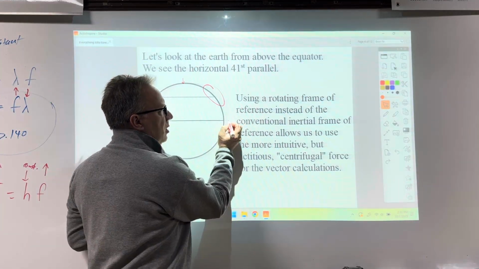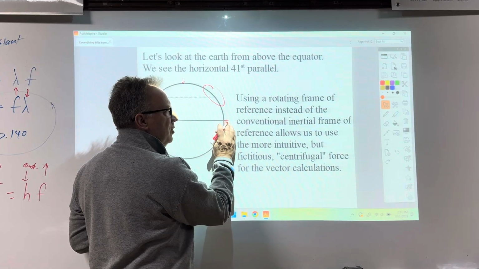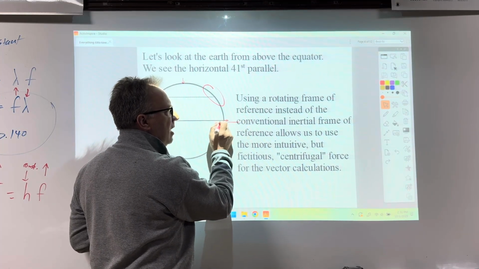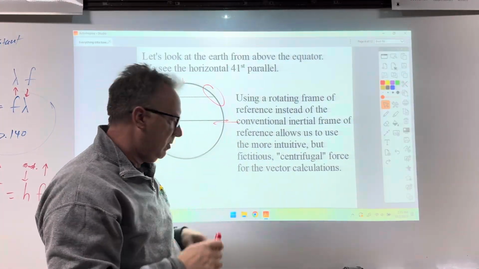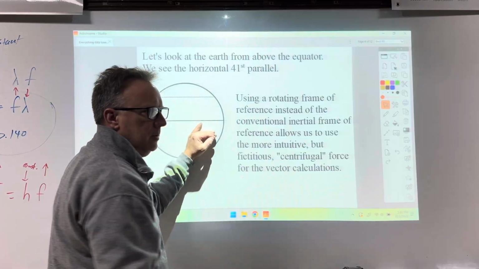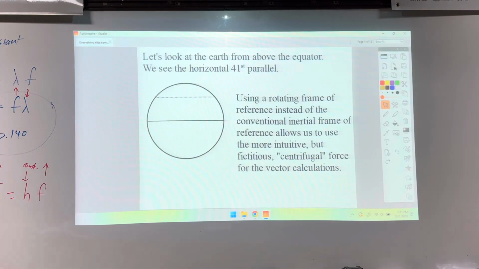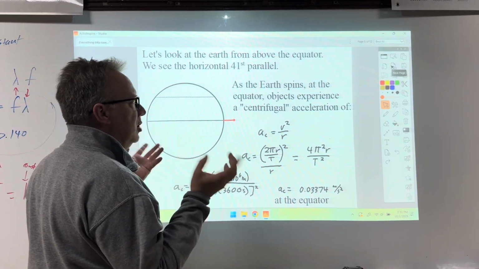At the equator, if you did centrifugal acceleration, you'd have one vector that way, and gravity would be this way, they'd be lined up, and they would just add, positive and negative. You have a vector problem everywhere else in between. Okay, so let's use centrifugal.